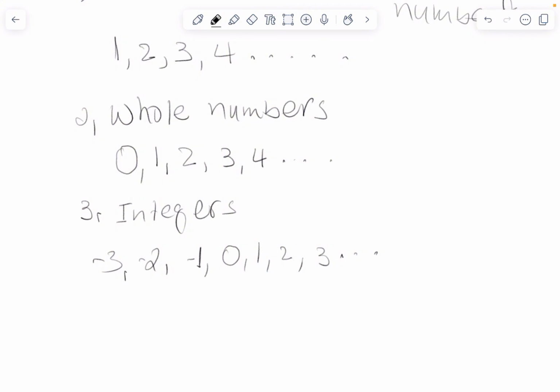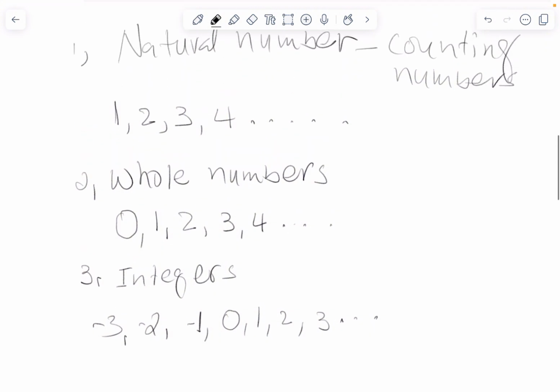So natural numbers are found in whole numbers, and whole numbers are found in integers. But integers cannot be found in whole numbers because whole numbers cannot contain negative numbers. Whole numbers can contain natural numbers, but natural numbers cannot contain whole numbers because whole numbers contain zero.